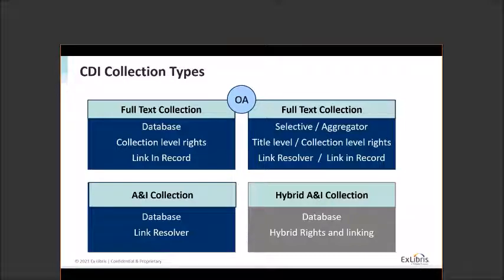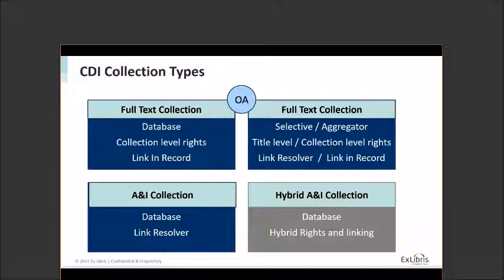A database type of collection will not have a title list. So we will not be able to do title level rights, or how we call it in the descriptive field, subscription link resolver. We can do only collection level rights.